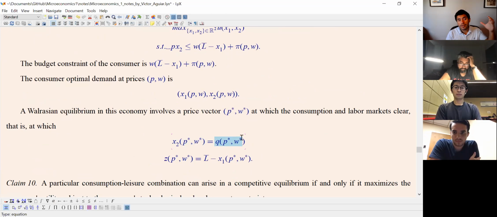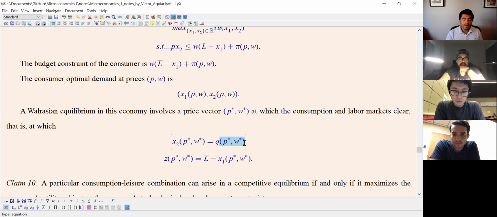But because coconuts have endowment equal to 0, then this equation is the complete market clearing condition for the market of coconuts. So X2 is the consumption of coconuts of the consumer, and Q is the production of coconuts. Now I'm asking, is there any P star and W star that clears the market, right? If that happens, then because of homogeneity of degree 0, immediately the next market is going to be clear.